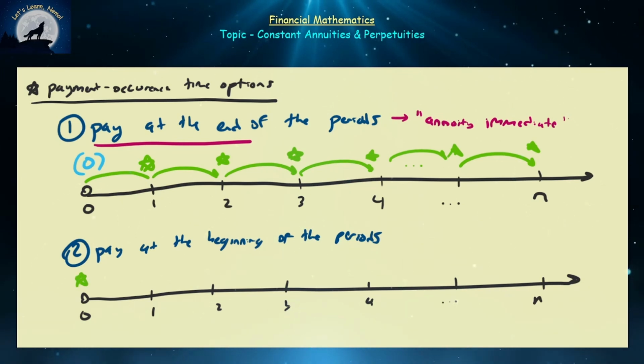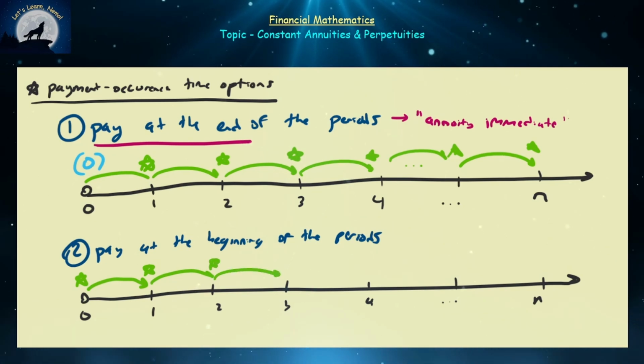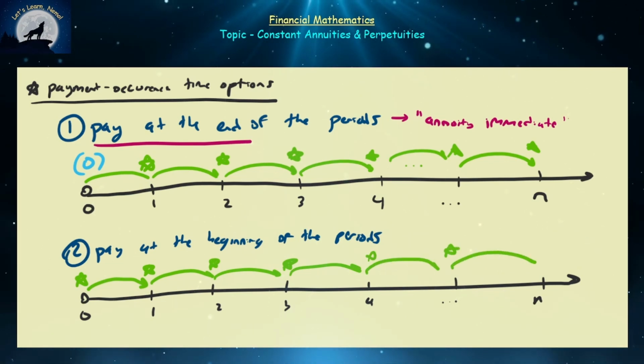Here, you're going to pay at the beginning of the month, and that's going to cover 0 to 1. You're going to pay at the beginning of the month from 1 to 2, and then the beginning of the month from 2 to 3, and then from 3 to 4. And that's going to continue onwards all the way down to the last interval, for which there is no payment at time t equal to m.